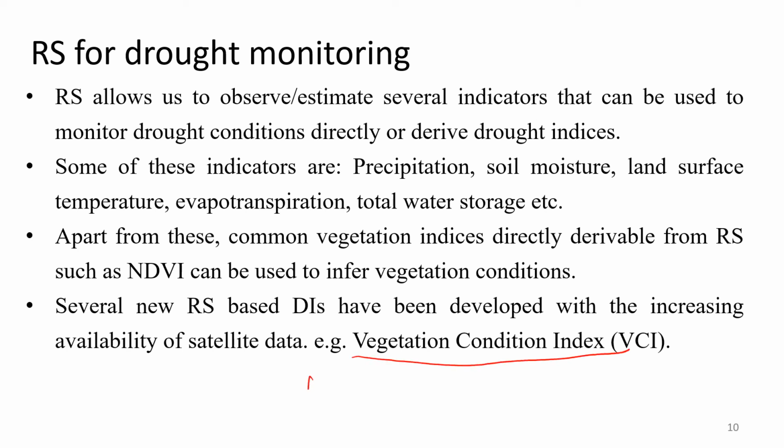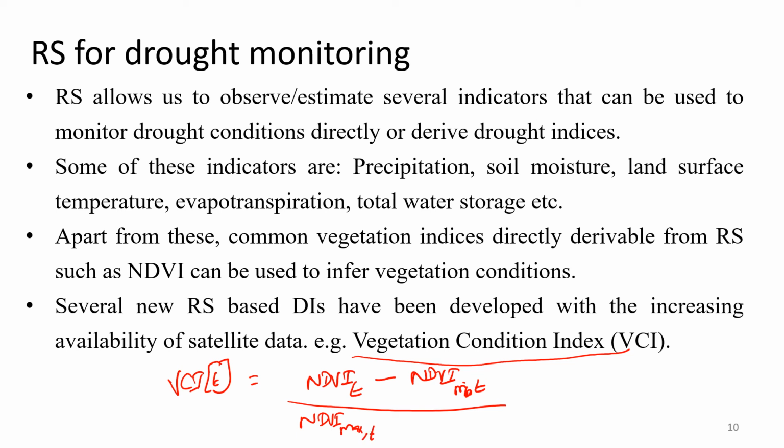Say for a particular region, VCI at a time instant t is equal to NDVI at that particular time t minus NDVI min at time t, divided by NDVI max at time t minus NDVI min at time t.